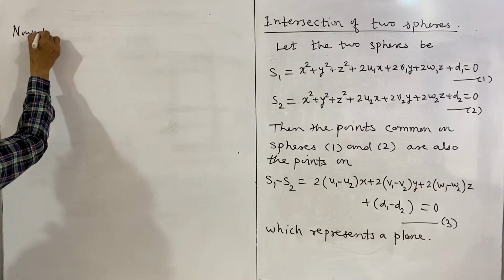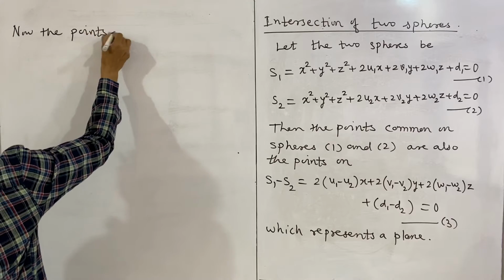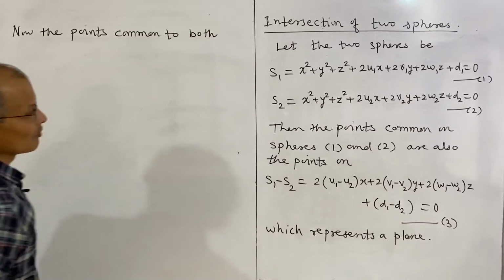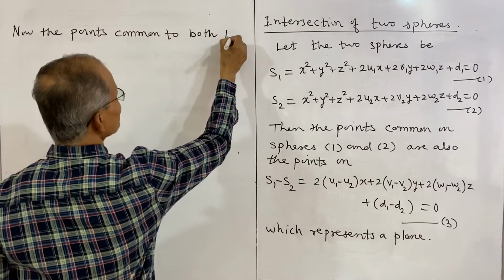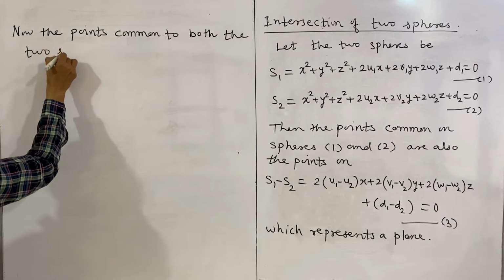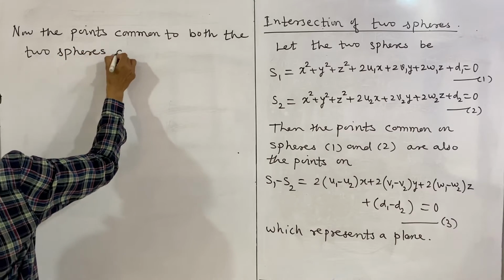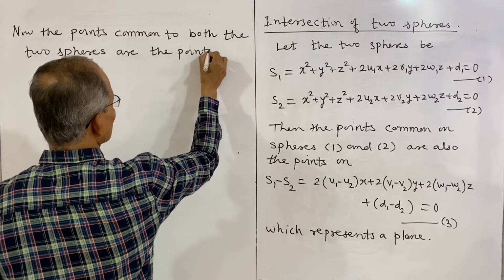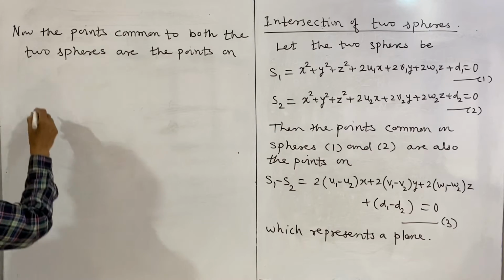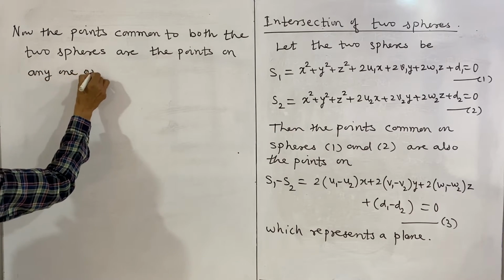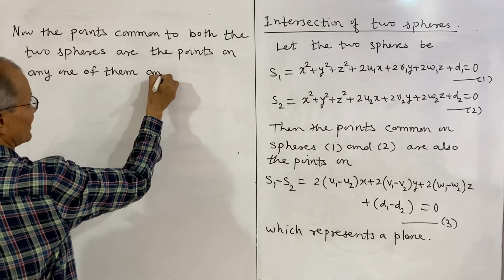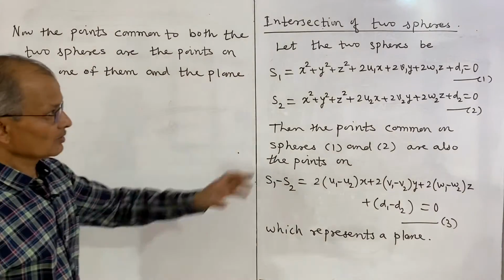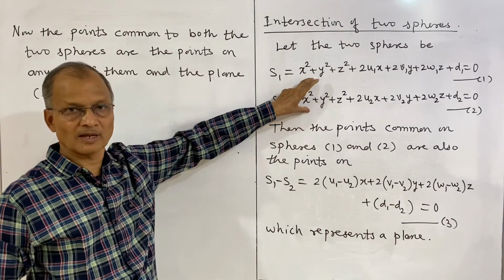Now the points common to both the two spheres are the points on any one of them and the plane 3.